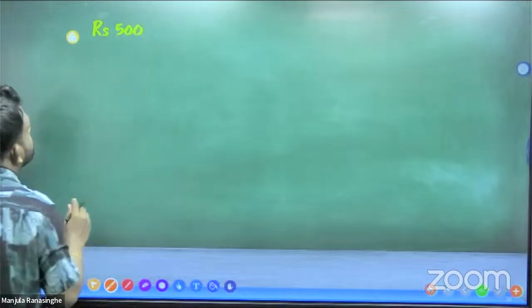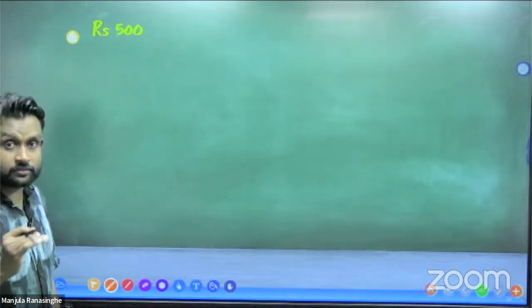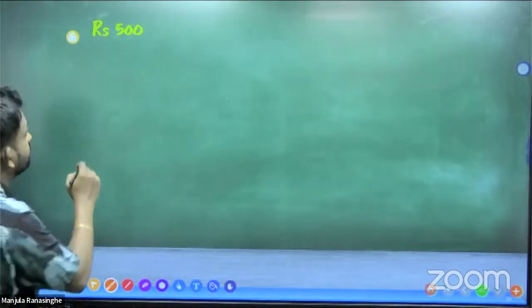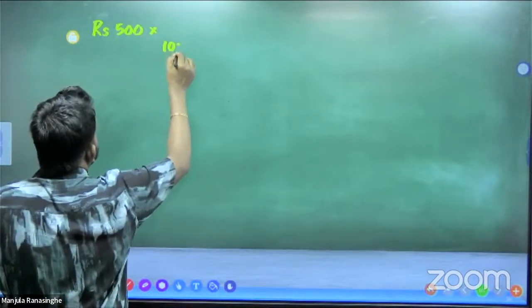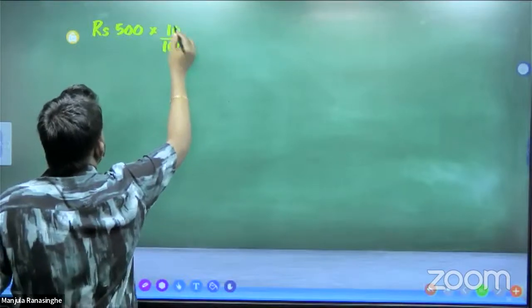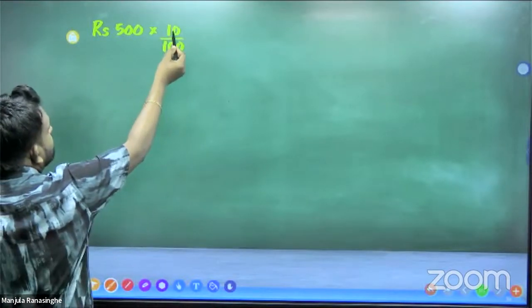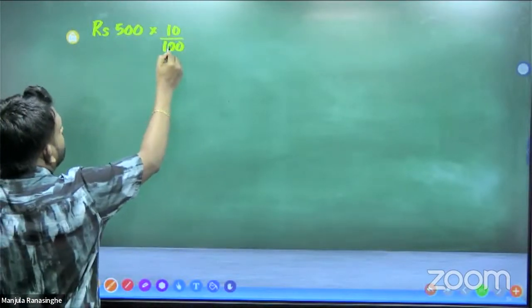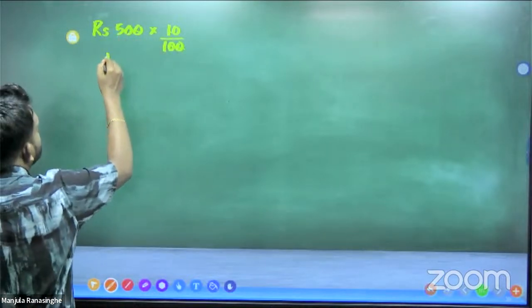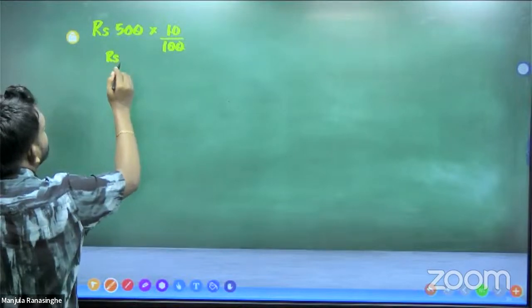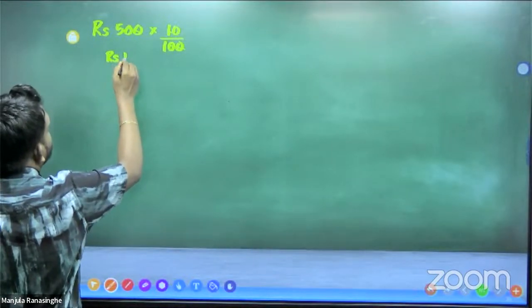Then you can calculate what is the discount offered for 500. 10% means 10 upon 100. If the value is 100, then 10 is the discount. Then if the value is 500, what is the discount? So here you can calculate 5 into 10, that is rupees 50.